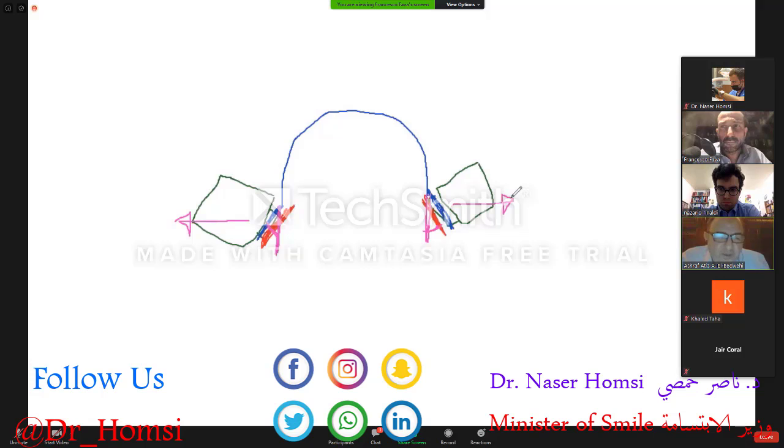Another question from Dr. Izzu. He asked, in case where you intrude 11 and tipped it mesially, it was also positioned buccally. With your technique, how could you move it palatally too? Thank you for your question. The colleague is extremely skilled because he focused on a point not that easy to see.